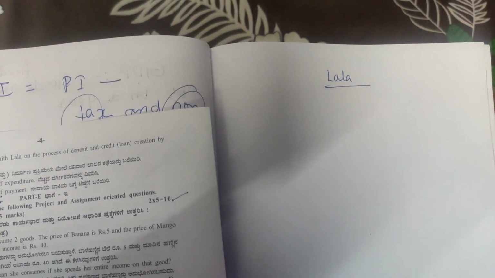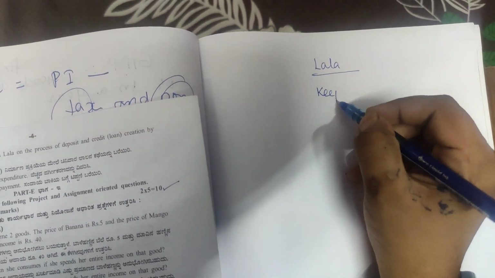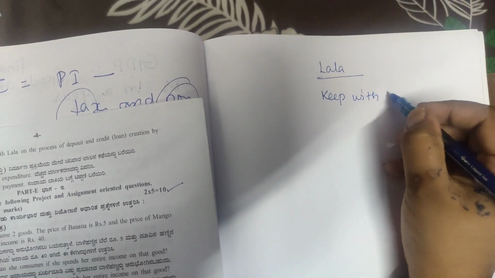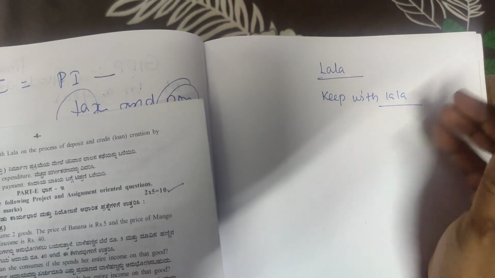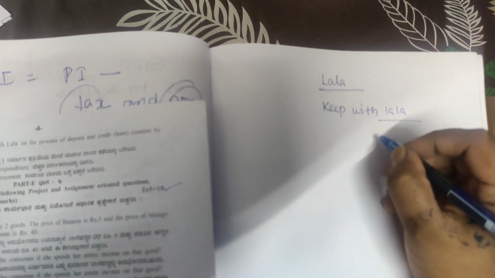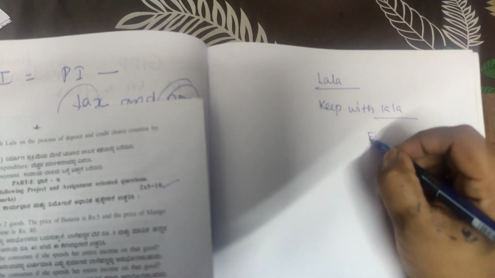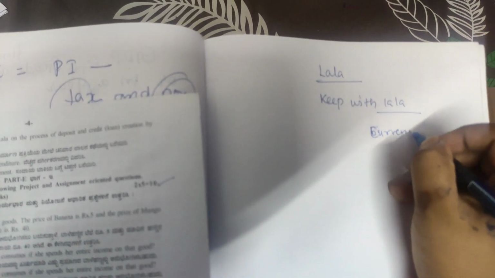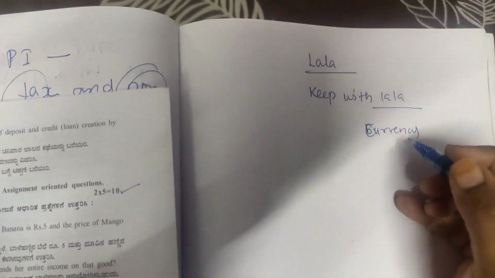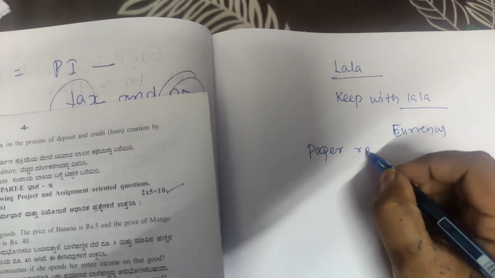What people used to do is keep gold with Lala, and Lala used to give a bill, paper tokens, as per the gold submitted, like a paper money or currency. If they deposit gold with Lala, they will receive a paper receipt.